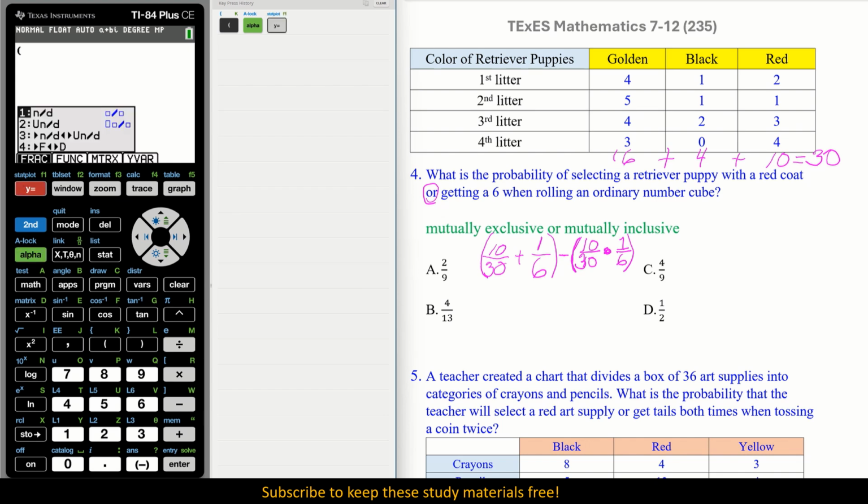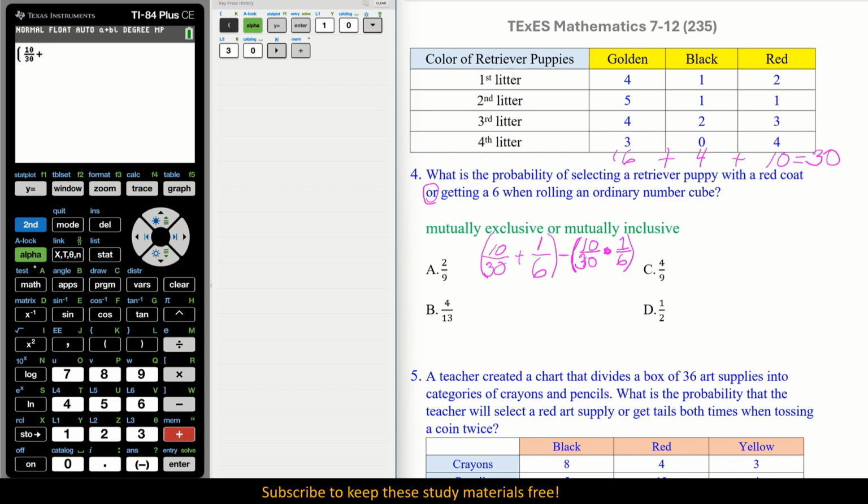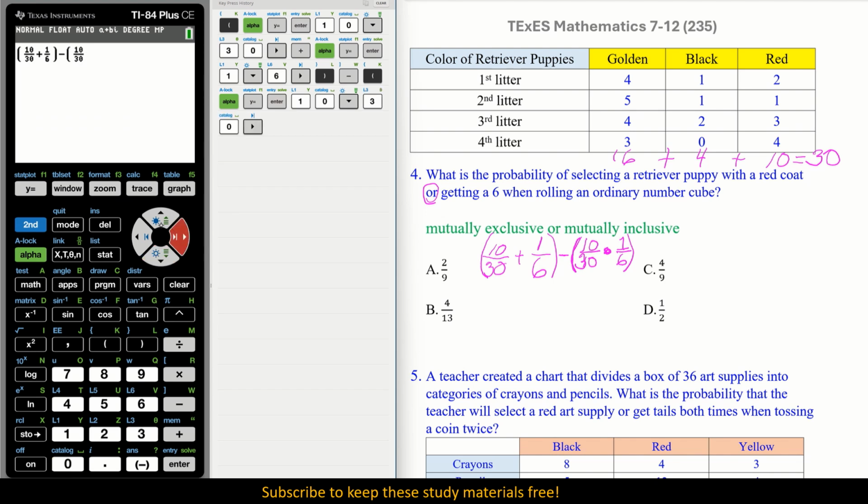Okay, so alpha y equals, and that's 10 over 30, arrow over, plus alpha y equals, enter, and that's 1 over 6, arrow over, close my parentheses, and we are subtracting, open parentheses, alpha y equals, and this is again 10 over 30, and then we need to multiply, and let's get another fraction, and that's 1 over 6.